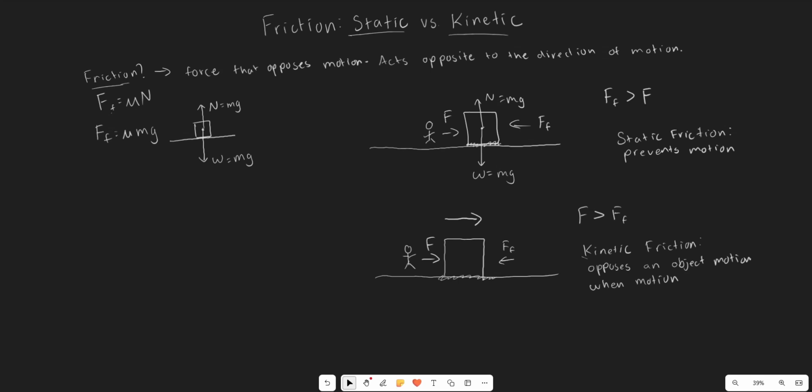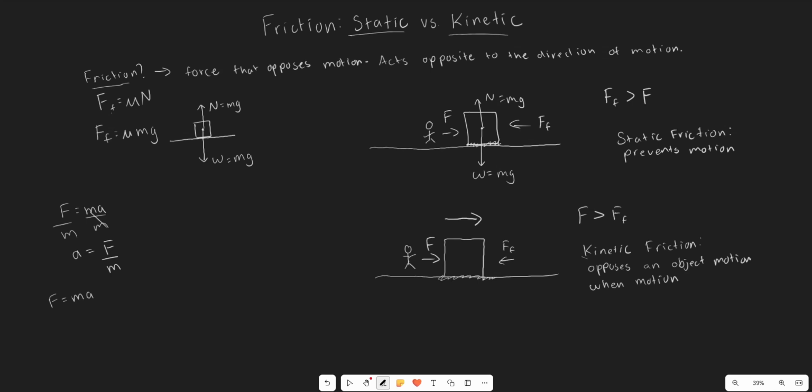Now, let's relate this to Newton's second law. Newton's second law is the equation F equals ma, and it just means that if you divide by m on both sides, the acceleration of an object is equal to the force divided by the mass. So let's just use F equals ma.